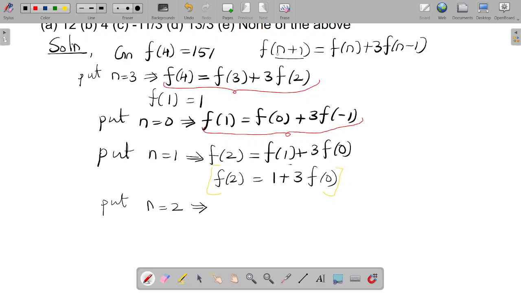If we replace n = 2, 2 plus 1 is f(3). f(3) = f(2) + 3 times f(1). Now we replaced n = 2, so this is 2 plus 1, 3. This is 2, and this is 2 minus 1, f(1).